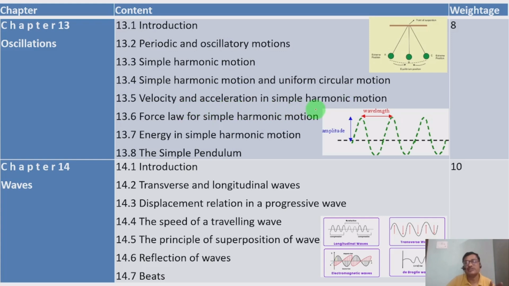SHM is what we call simple harmonic motion, and we will study it in detail. 13.6 Force law of simple harmonic motion, 13.7 Energy in simple harmonic motion, then 13.8 The simple pendulum.